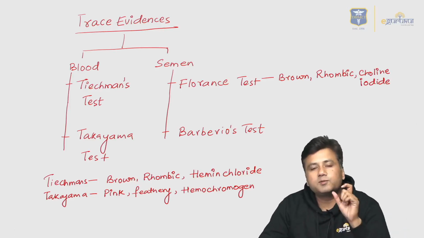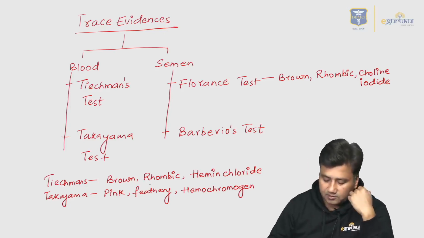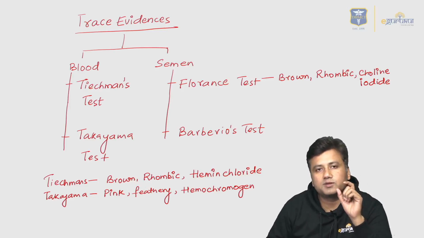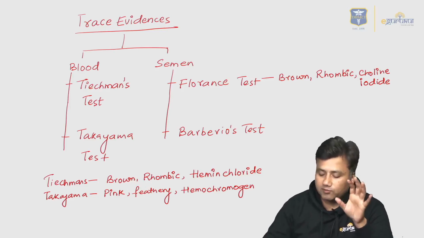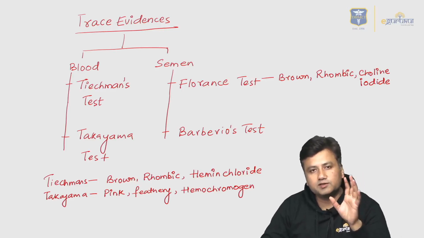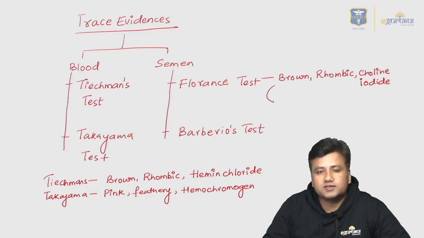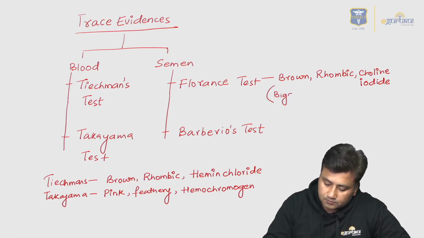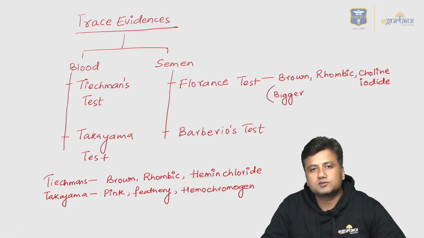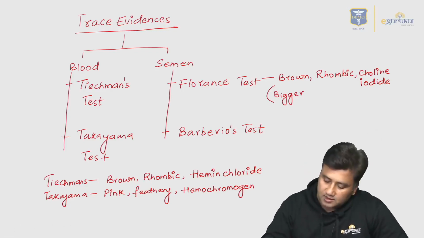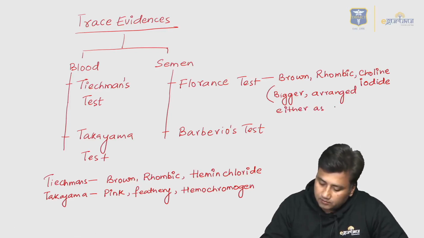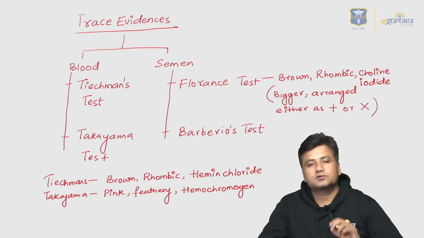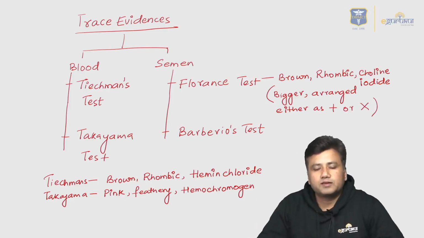The difference between the crystals of Florence and Teichmann's, because in Teichmann's also we have brown rhombic hemin chloride crystals, is that the crystals in Florence test are much bigger, and they are arranged either as pluses or crosses. That is their identifying feature.